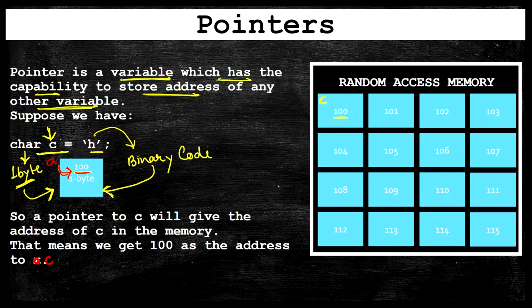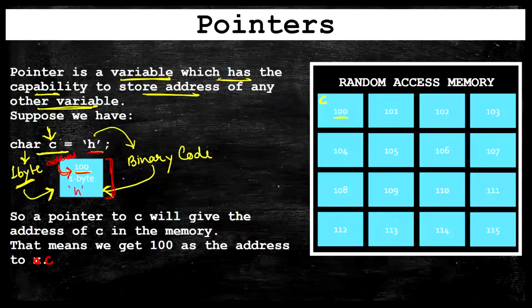Let's write address clearly now. Address of C is 100. And what is stored in this address? H is stored. And what is the name of the variable whose address is meant? That is C.